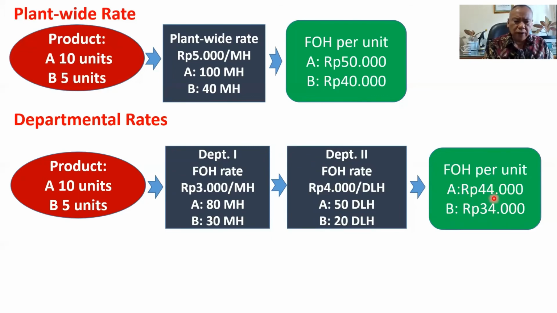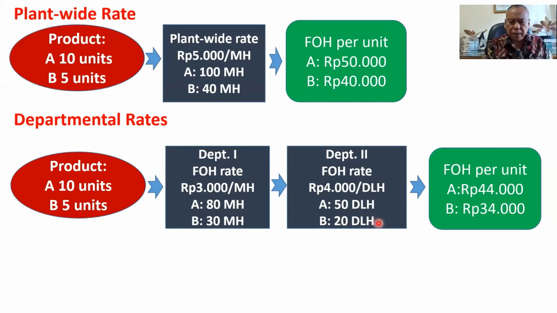In the same way for product B. Product B is processed in department 1, 30 machine hours. So 30 machine hours times 3,000 will be 90,000. And then product B is processed in department 2, 20 direct labor hours.